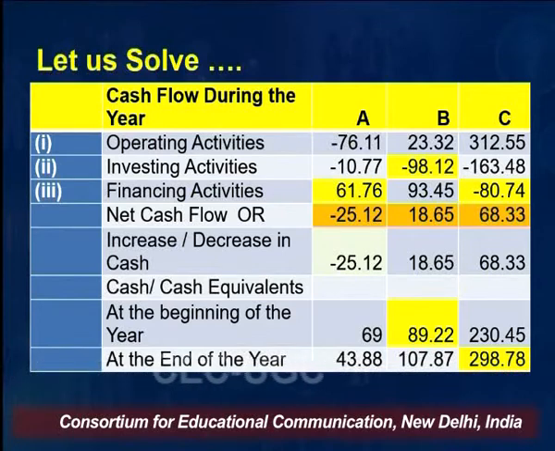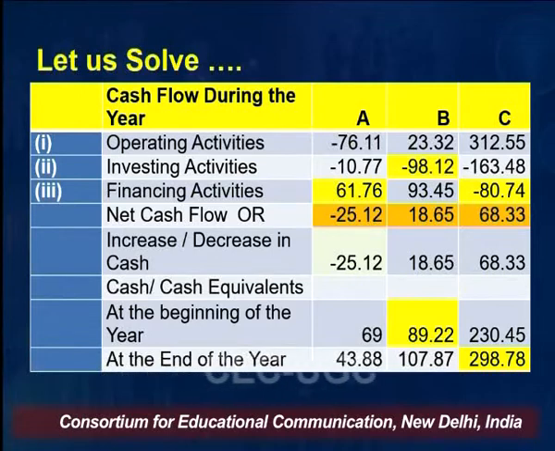And financing activity, this information was not available because it has been highlighted in yellow. The value 61.76 is something which we found as a balancing figure. But I'll tell you how we initiated the process of calculating. Increase and decrease in cash was not given.